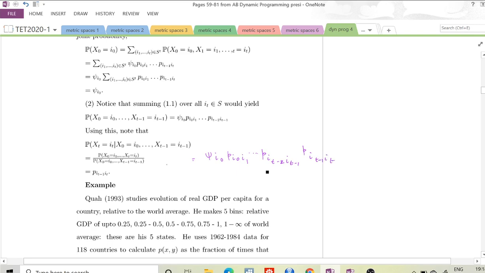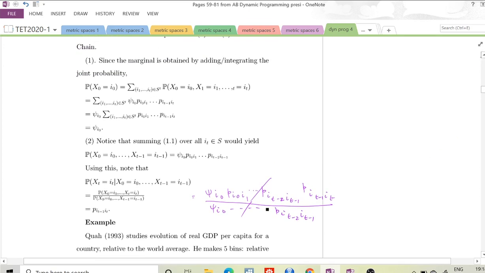Right. And the probability in the denominator is, right, and you'll say, well, that's it. In some sense you're right, but you should read through the argument here, right?